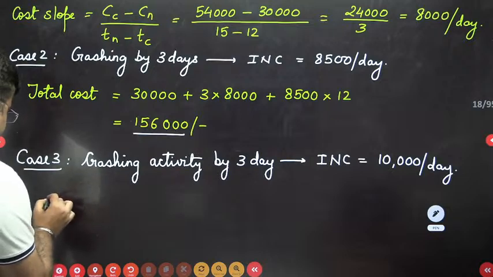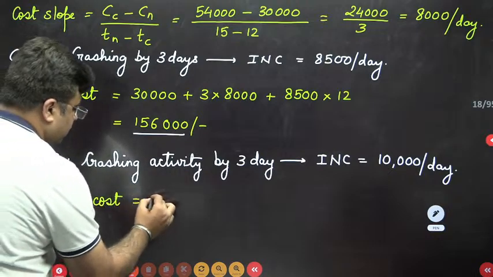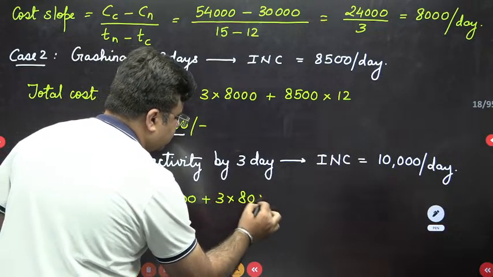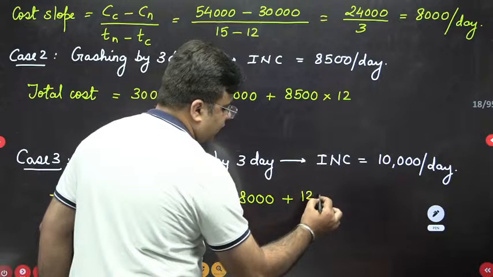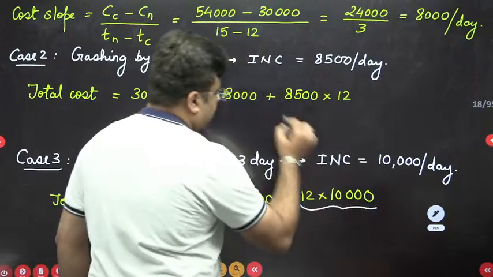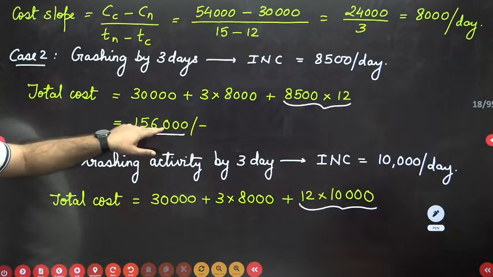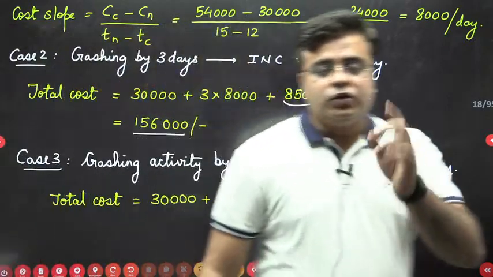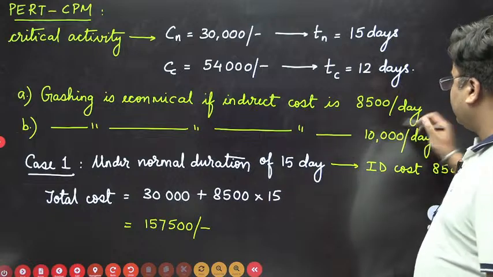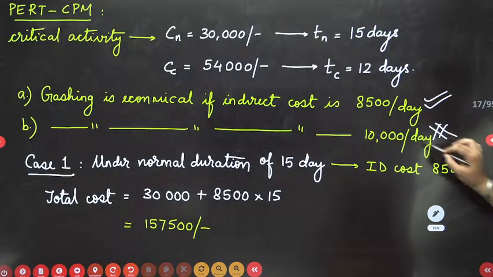The total cost will be 30,000 plus 3 into 8,000, that is the cost slope, plus indirect cost, which is 12 into 10,000. So you can clearly observe that due to this factor, this amount will be less than this amount. So this amount is the least out of all the amounts. So crashing will be economical when the indirect cost is 8,500 rupees. It will not be economical when your indirect cost is 10,000 rupees.